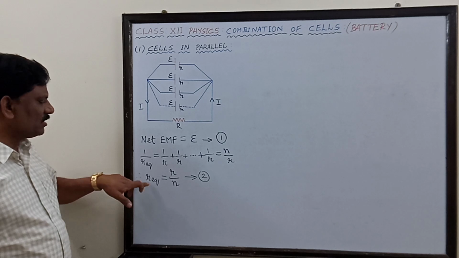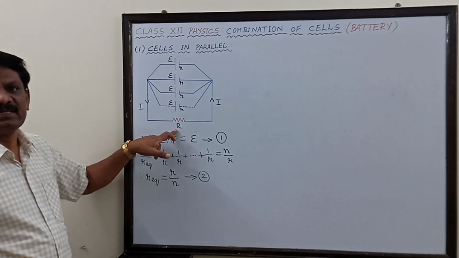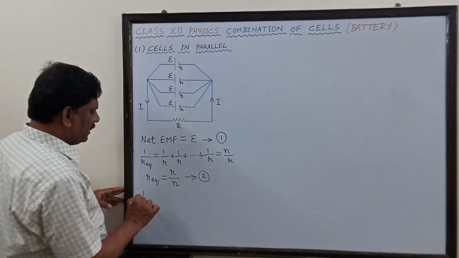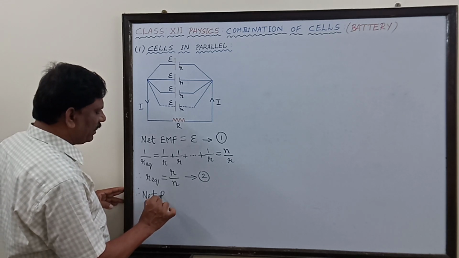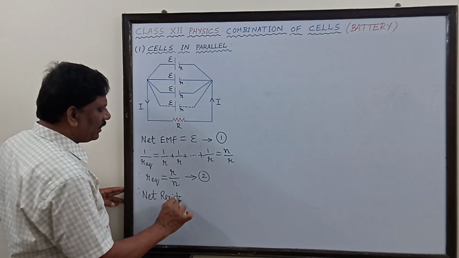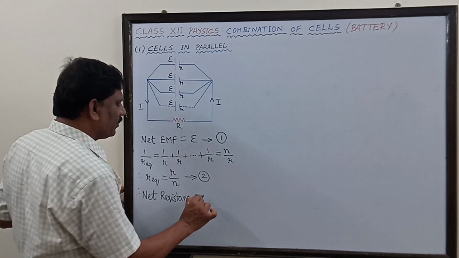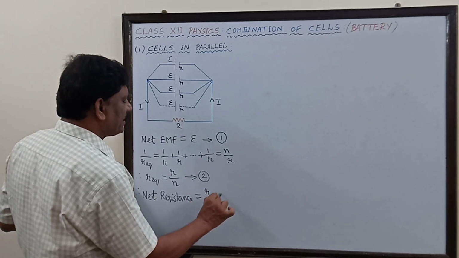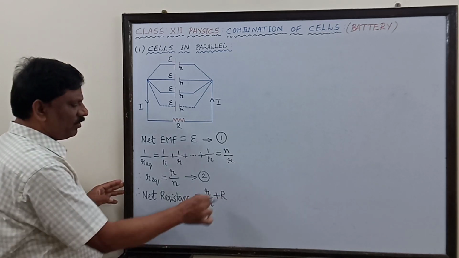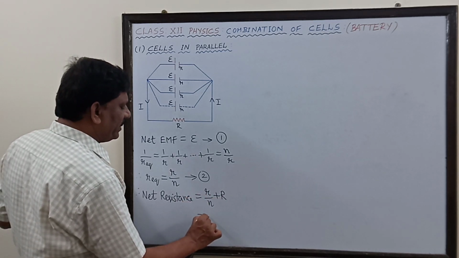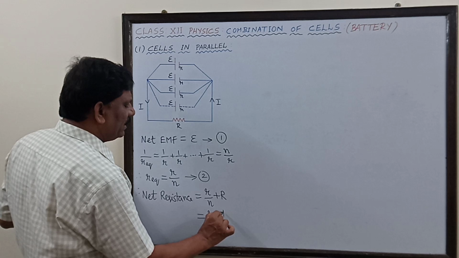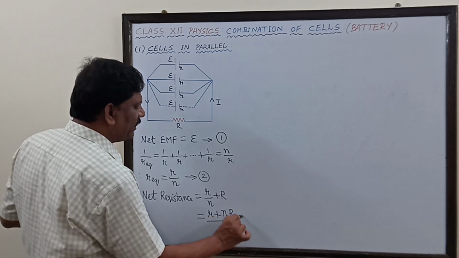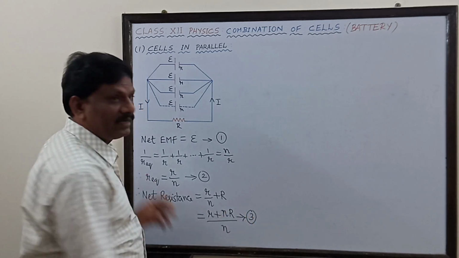In addition to this small r equivalent, what also is there is capital R in the circuit, is it not? Therefore, the net or the effective resistance in the circuit is equal to r by n plus capital R. So if you take the LCM, this is small r plus n times capital R divided by n, and this is the third step.